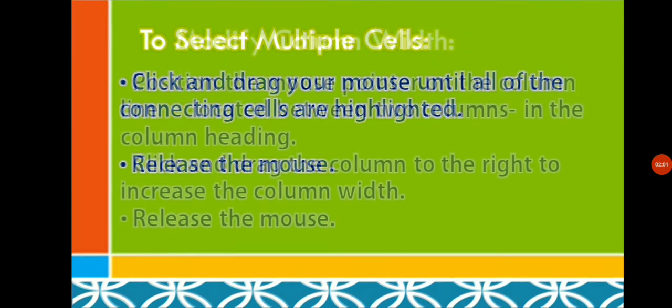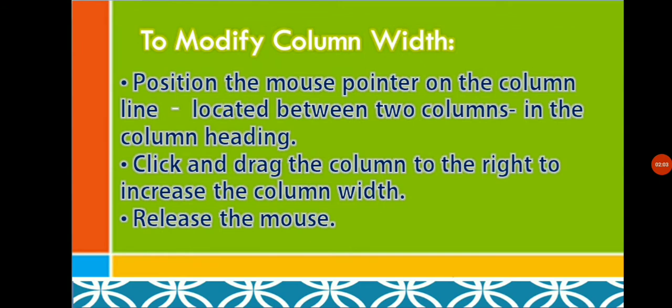Another is to modify column width. How? Position the mouse pointer on the column line located between two column headings. Notice that the white cross pointer becomes a double arrow cross pointer.